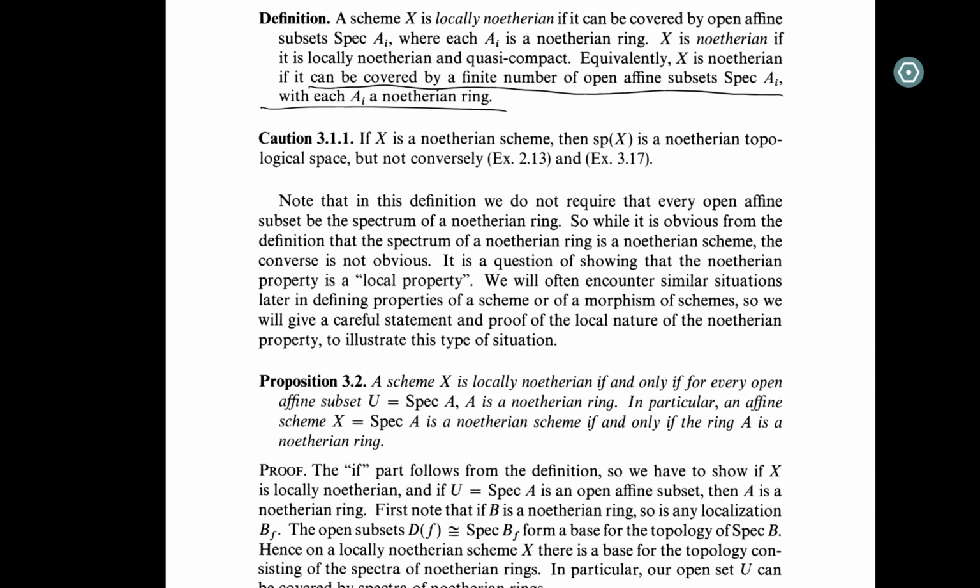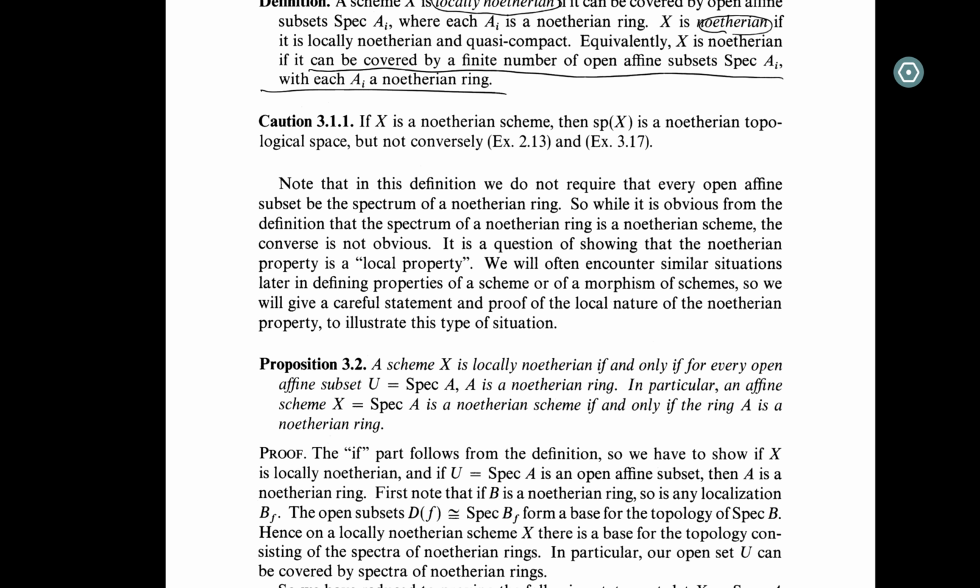So there should be an open cover by affine schemes of the form Spec of some Noetherian ring. This is called locally Noetherian if it can be covered by open affine subsets Spec A_i, where A_i is Noetherian. We call it Noetherian if it is locally Noetherian and also quasi-compact, which means you can find a finite subcover from the cover.